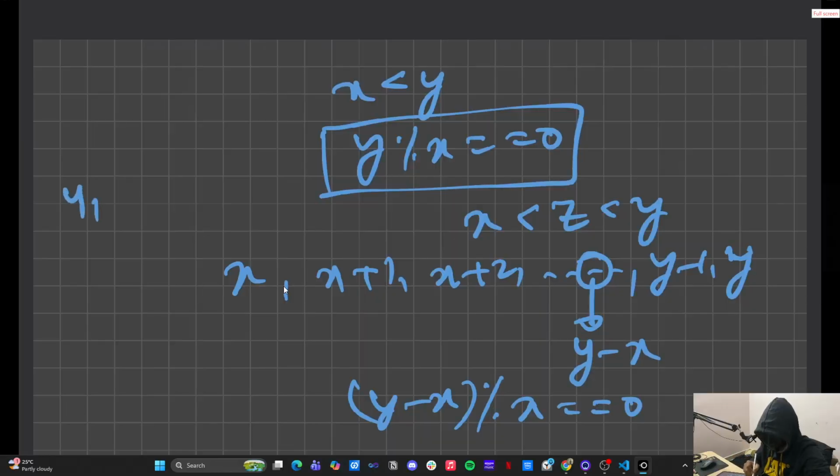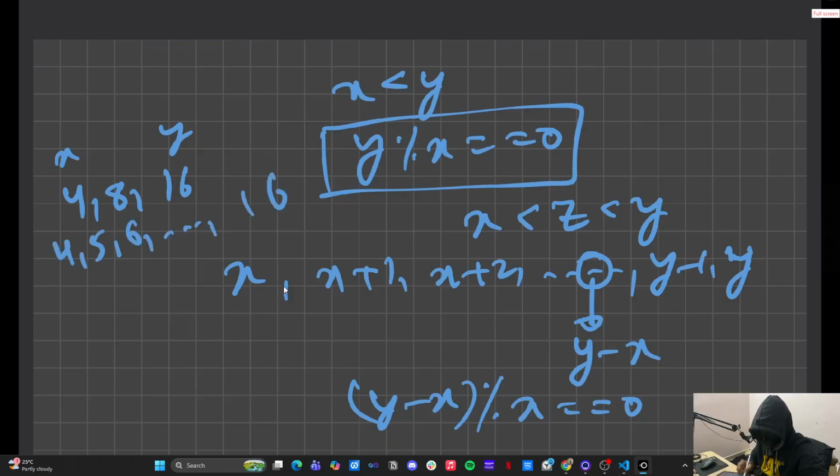Let's say 4, 8, 16: x is basically 4, y is 16. Now you have a number line like 4, 5, 6, and so on till 16, right? I'll try to move 4 distance backward. So the number that you'll be getting here is 12. Whatever 12 you are getting is always divisible by 4, right?